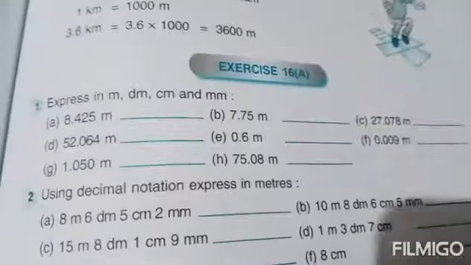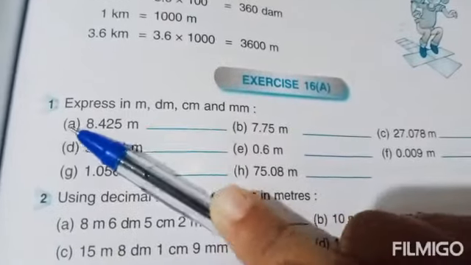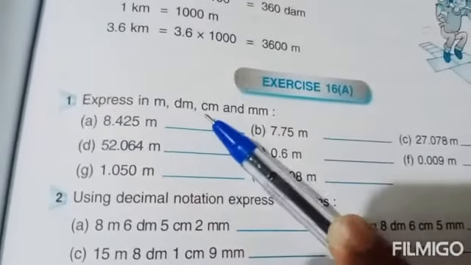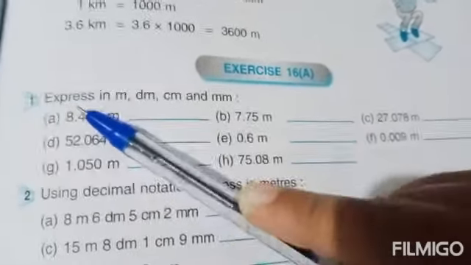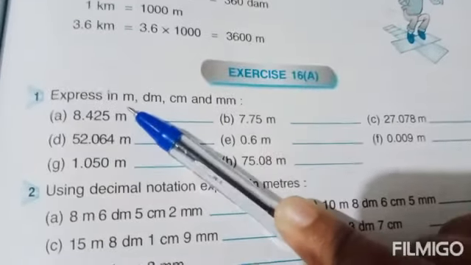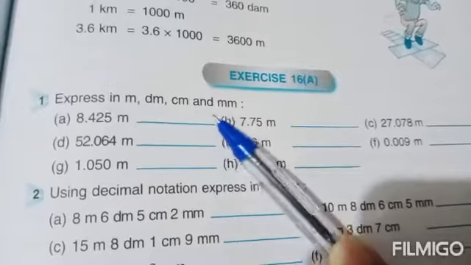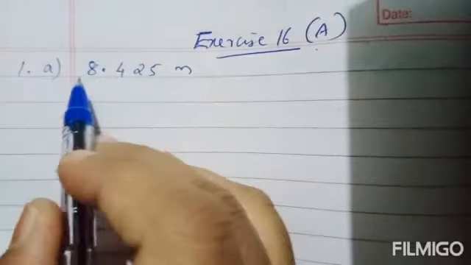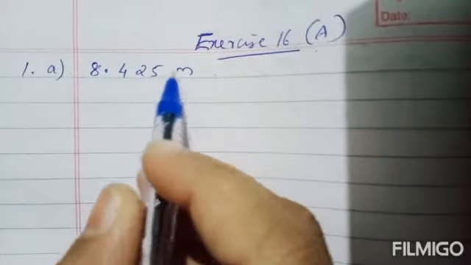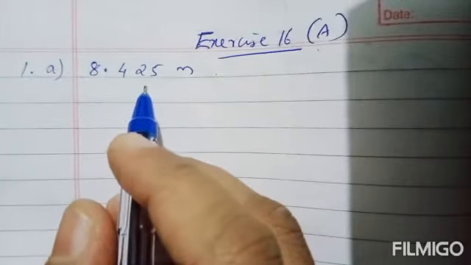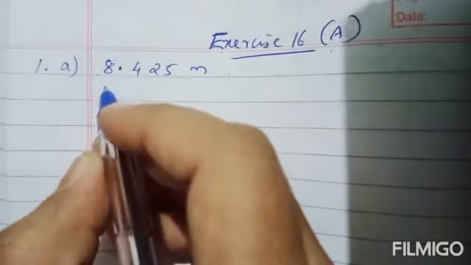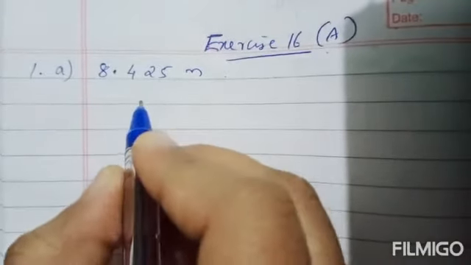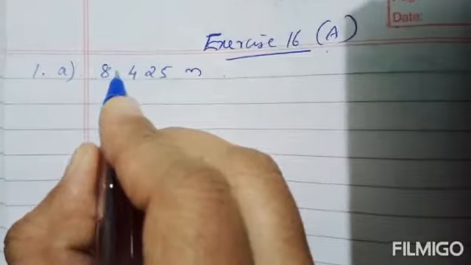Now exercise 16a. First question: express in meter, decimeter, centimeter and millimeter. The question is given in meter, and you have to write it in meter, decimeter, centimeter, millimeter. Now A, 8.425 meter. Before the decimal point, whatever number is coming, that much meter will be there. Here 8 is coming, so 8 meter.